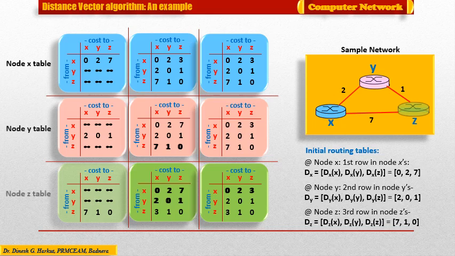Note that only node X and Z send updates. Wherever there is a change, the change is updated. As there is no change at node Y, it will not send anything to the other neighboring nodes.